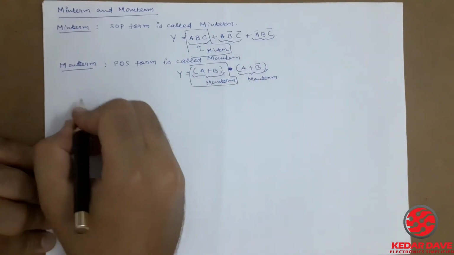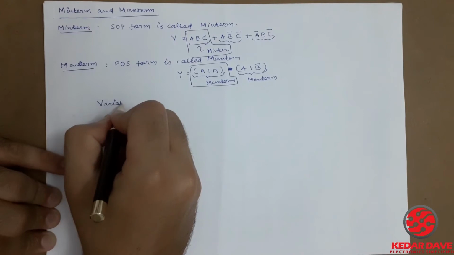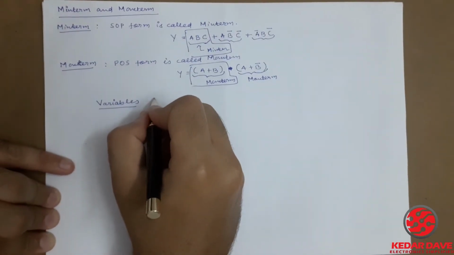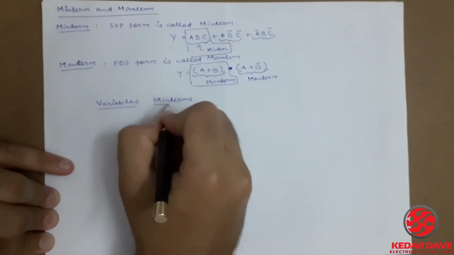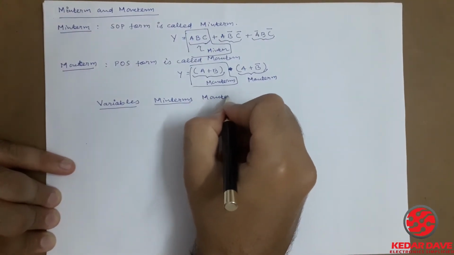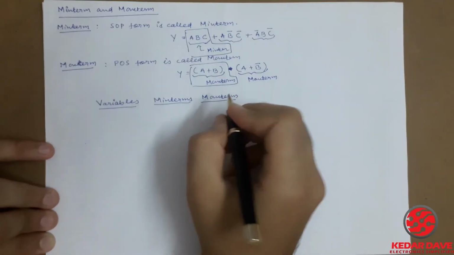For the sake of understanding and for the simplification purpose, generally a table is made for minterms and maxterms, and for the denomination purpose they were providing a universal code for these terms.